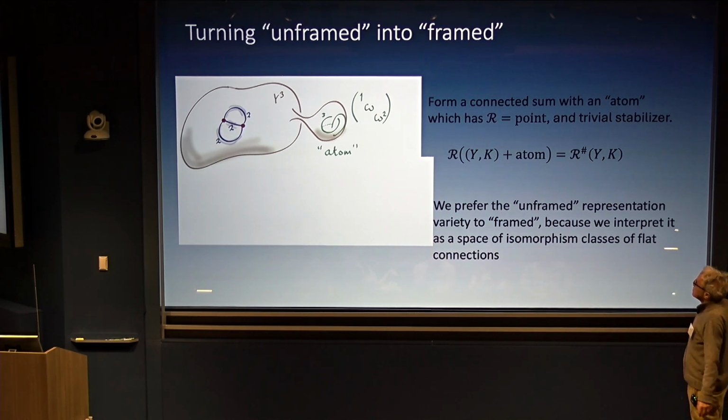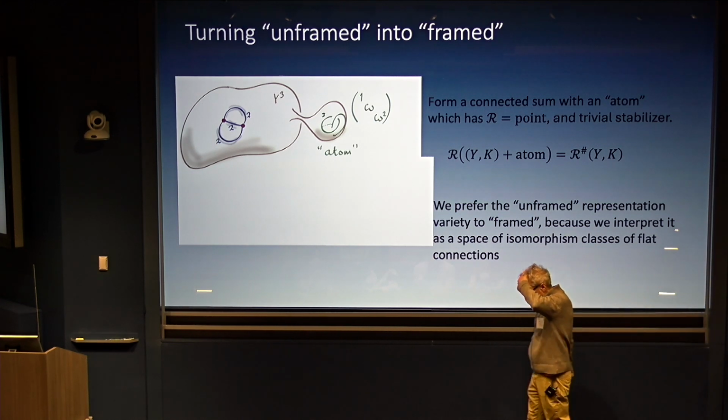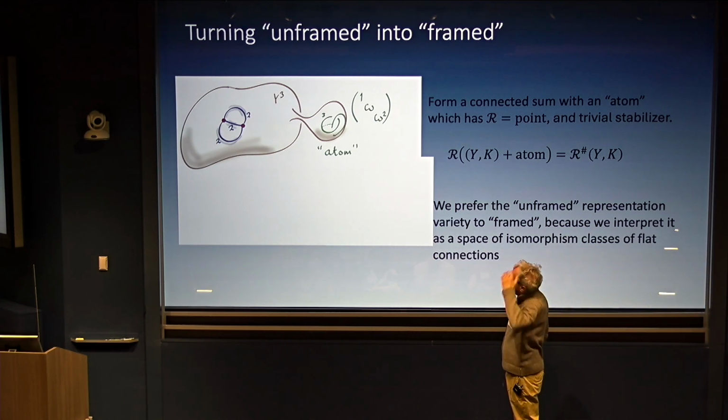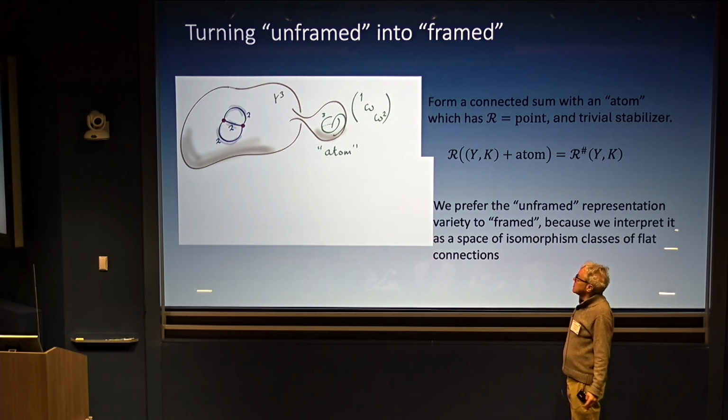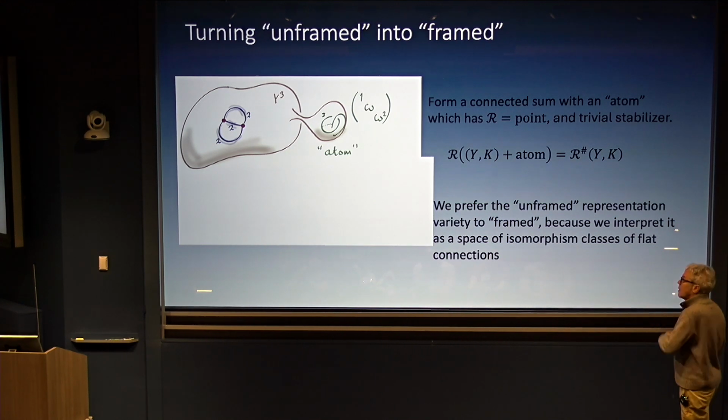But there's a way to turn the unframed thing into a framed thing, which is a device we've used elsewhere. If you take your orbifold determined by Y and K and just connect some other little gadget to it, some other orbifold, something we call an atom, so chosen that its representation variety consists of a single point, which is an irreducible representation.